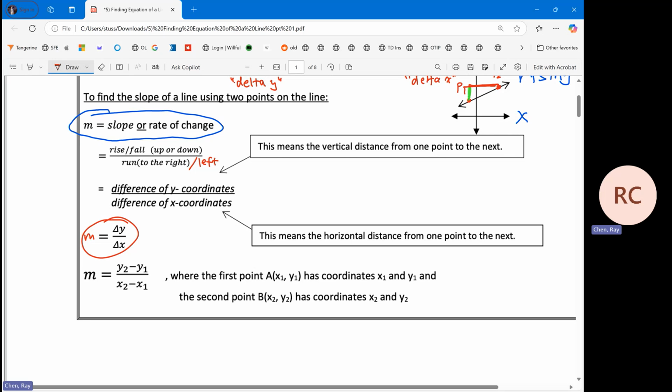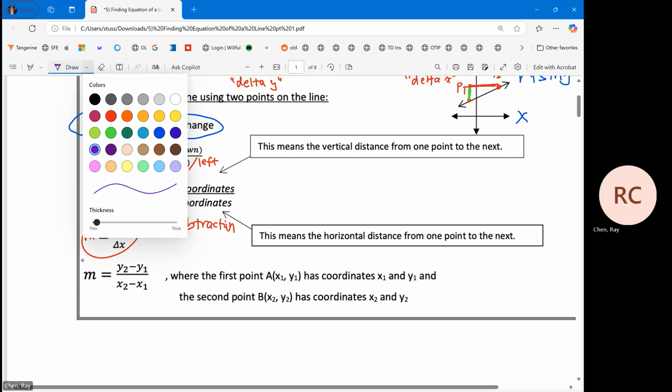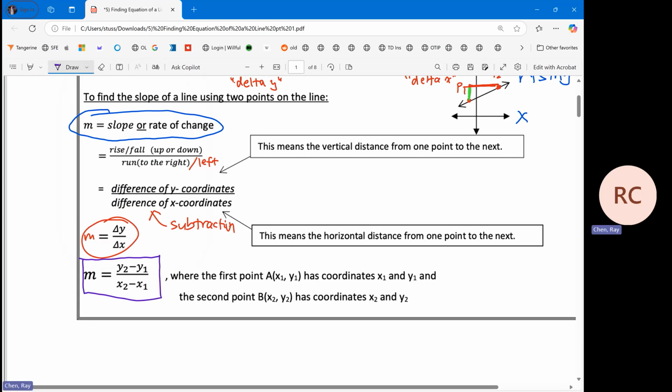But that doesn't help us mathematically. So this word change in really means difference, and difference means subtraction. Hence, we have this new formula, and we'll always provide it for you, where m is equal to y2 minus y1 over x2 minus x1. Now, don't be alarmed by the 2's and the 1's. Notice these are what's called subscripts.